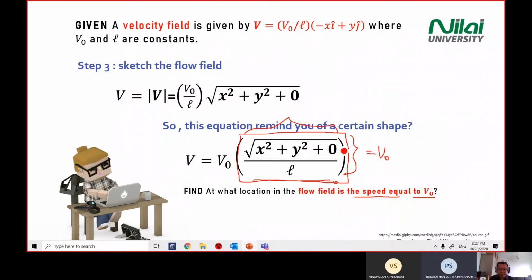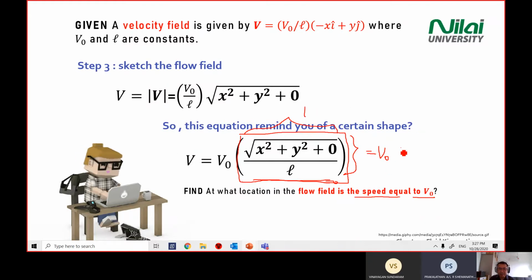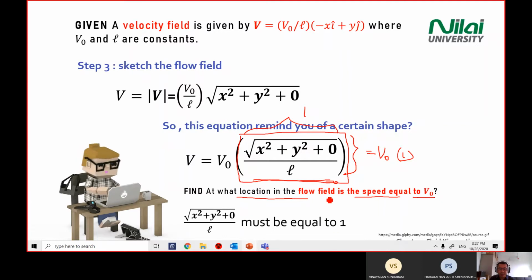What is the value of this one? 1. Yes, correct. The answer is 1, because V0 times 1 equals V0. So 1 equals this component. We're going to sketch this flow field where the speed equals V0. So we're going to look at what shape this equation gives us. So again, you're able to understand why this component equals 1.